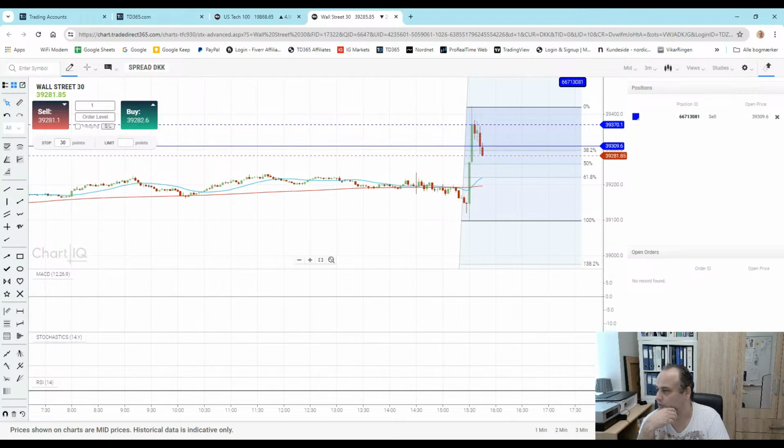We want to look at the 50% or 61.8 retracement. This is because this is basically a scalp trade. This is a counter trend trade that I'm doing. That means I'm trading against the trend, which is often very dangerous. Therefore you should only expect to get maybe 1 or 2 or 3 bars, if even that. I could be unlucky and get 0 bars. But this was the signal that I saw.